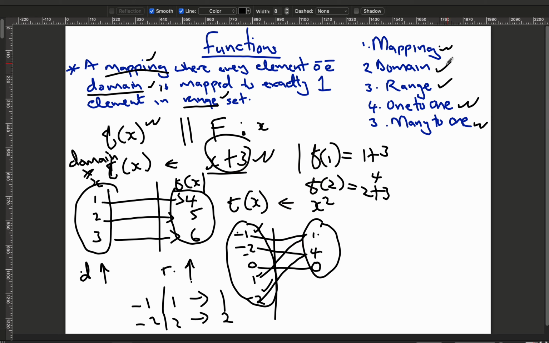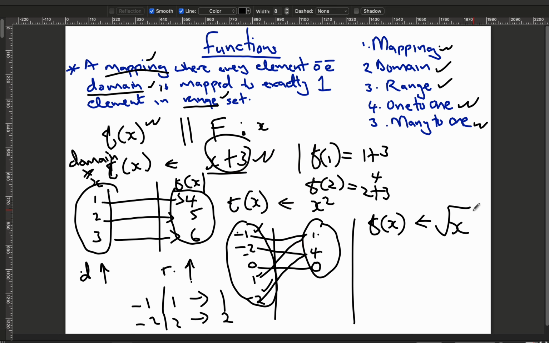So suppose that you are given a function, check this part. Some functions or some expressions are not deemed as functions.